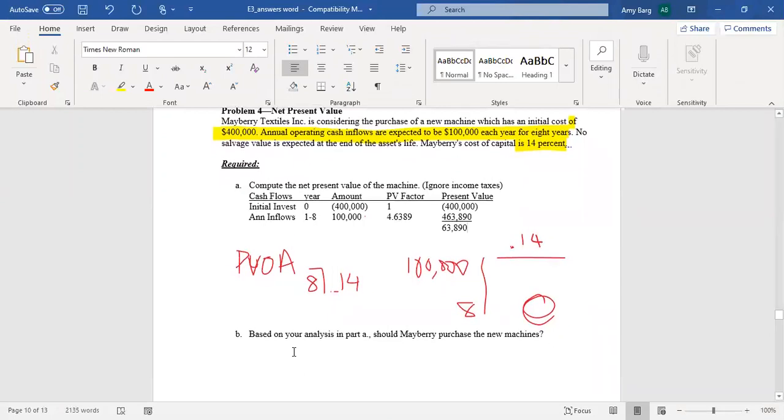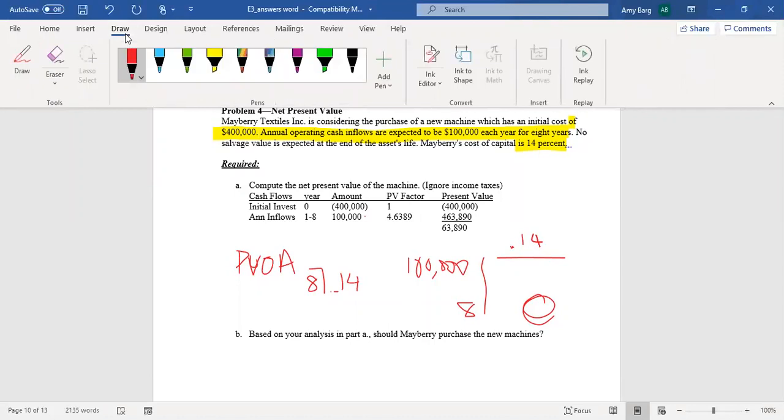Anytime your net present value is greater than or equal to 0, anytime it's positive or 0, that means the project's rate of return is greater than or equal to the minimum desired rate and should be accepted. So we want 14%, and the fact that this is positive is telling us that the rate of return is bigger than 14%.